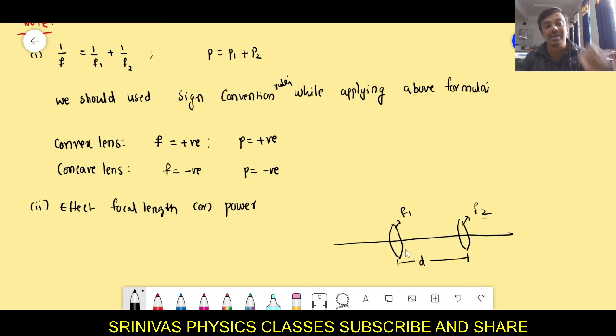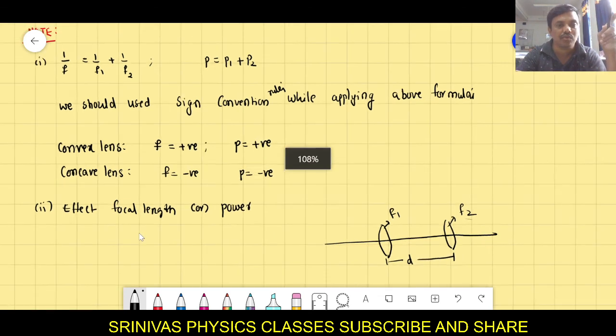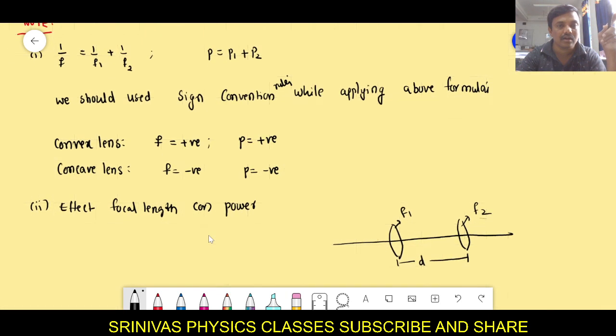Total focal length मतलब दो लेंसेस एक लेंस की तरह एक्ट करेंगे तो effective focal length और effective power.